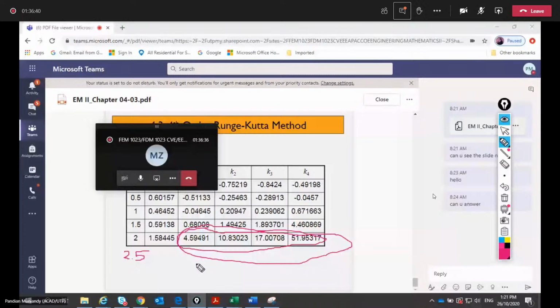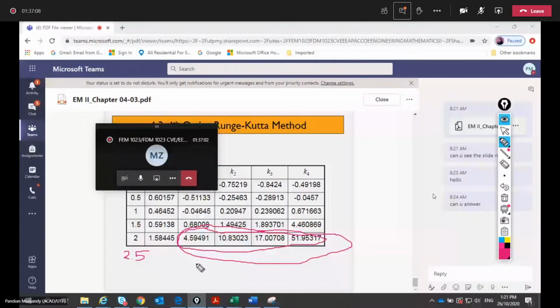So at X 2.5, you can use K1 4.59491, K2 10.83023, K3 17.00708, and K4 51.95317. You can predict your Y, and that Y will be at X 2.5.